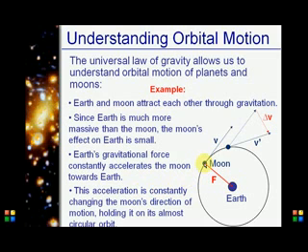It has a velocity v going in this direction, but due to the Earth's massiveness, there is a force pulling the Moon towards the Earth, causing it to accelerate, changing its velocity, causing it to change from this direction to this direction, and it keeps revolving.